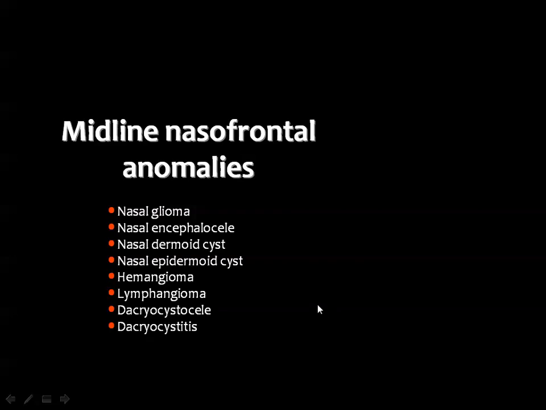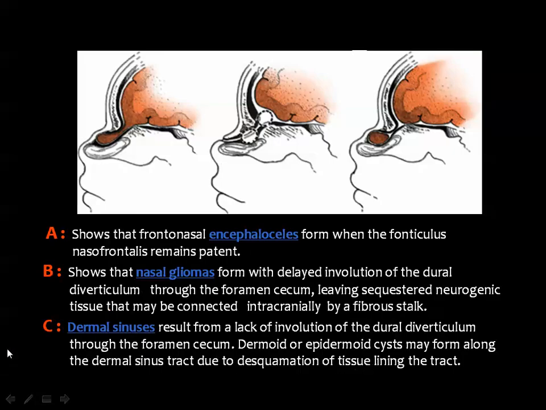Then the midline nasofrontal anomalies. We would like to have some words about nasal glioma, encephalocele, dermoid, and epidermoid cyst. And you know that there is a foramen here, or a duct, which usually regresses and is totally closed. But if this canal or duct remains patent, there is a chance for the brain tissue and the meninges to herniate, so that there may be an encephalocele.